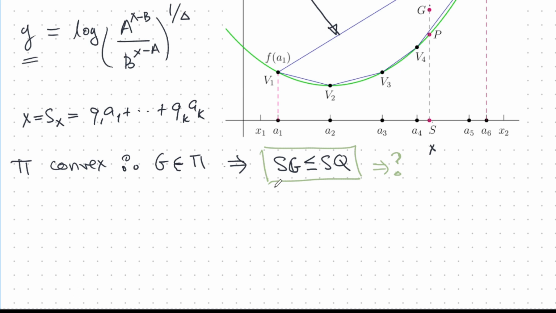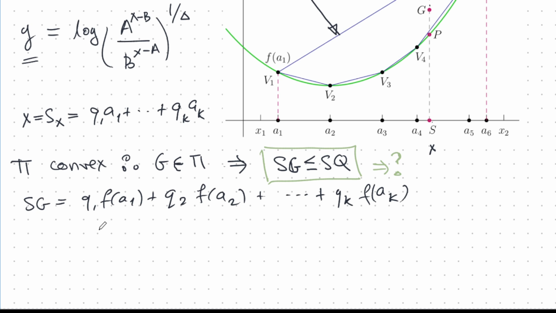And SG, well, we know that that's the weighted mean, so I can now easily write this. Here's my weighted mean, and I put in my log function, so I have minus q1 log a1 minus q2 log a2, and so on, minus qk log ak.